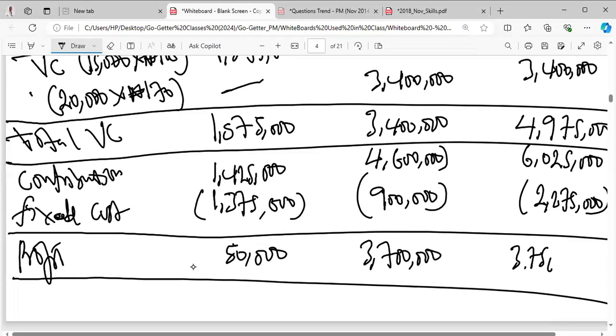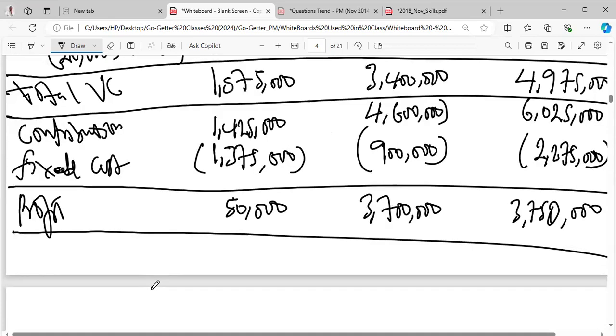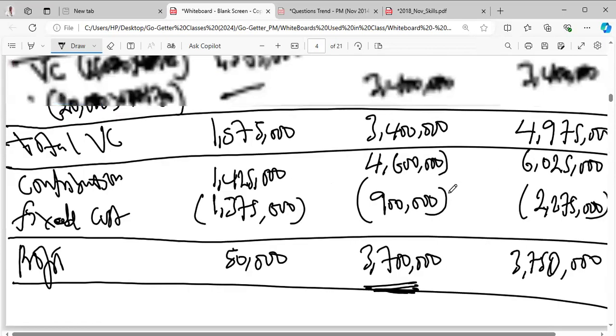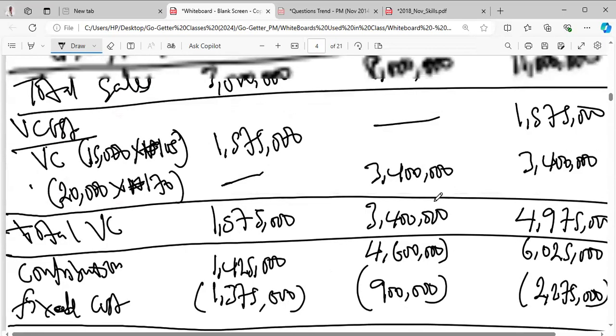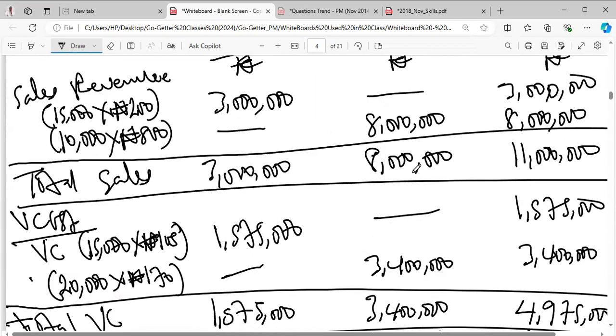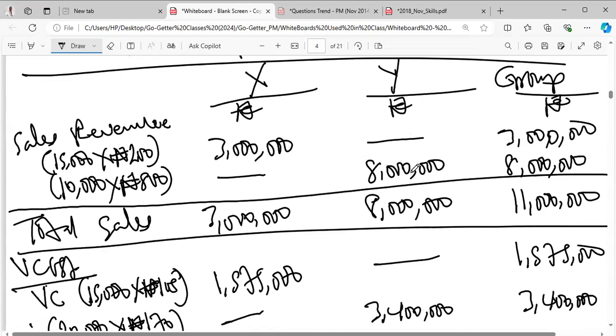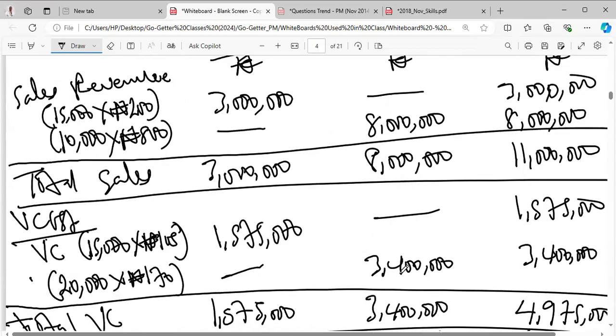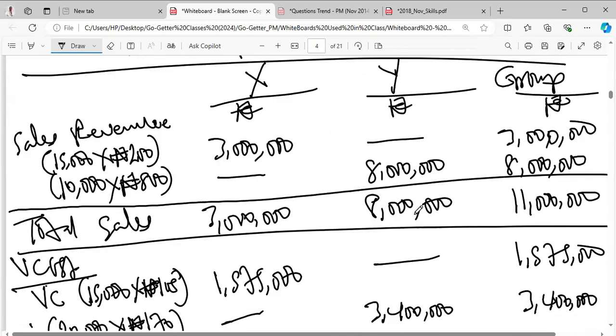Now, take note, when we do the number two, we observe that this buying division will remain the same. Everything in the buying division will remain the same. Do you know why? Because they will always buy 20,000 components from outside. They will always sell these 10,000 units outside.